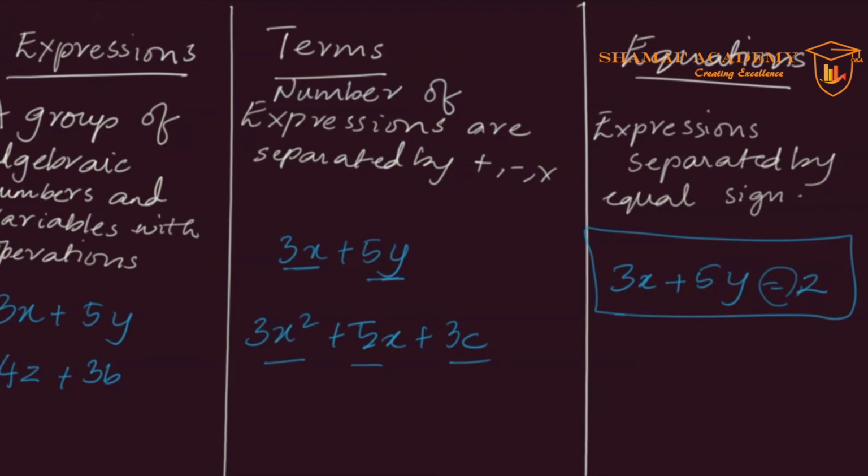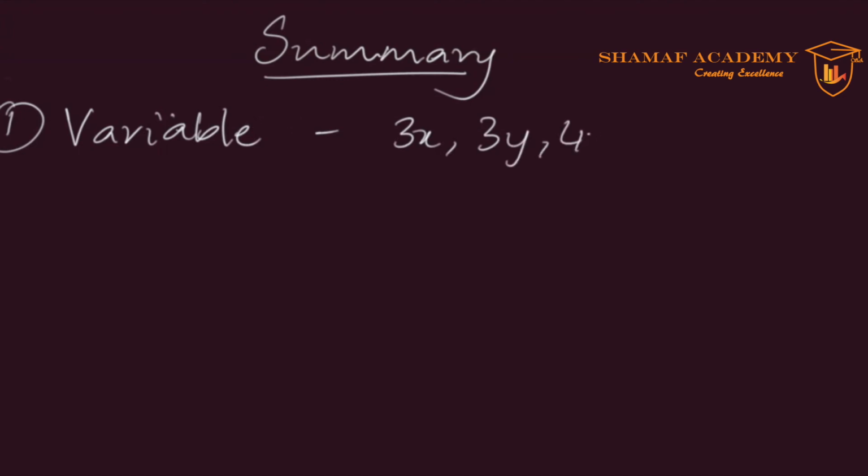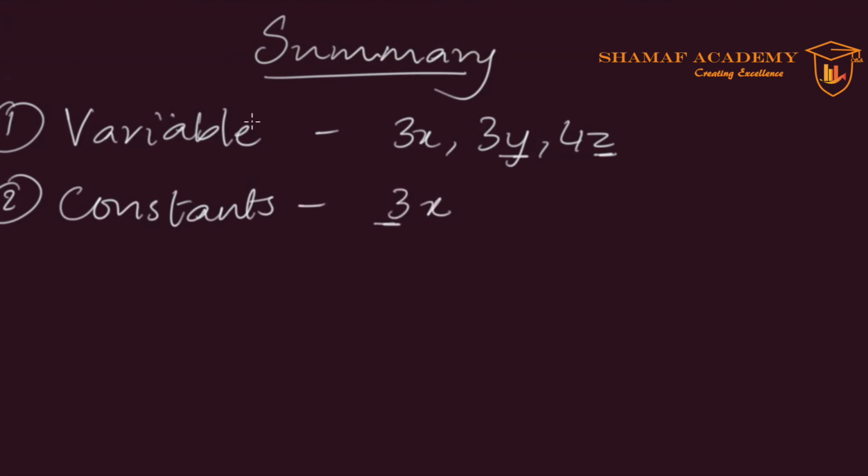Okay, so this is what we have studied so far. We have studied about the terminology that we use in algebra. So in conclusion, we have studied about variables, where we have 3x, 3y, 4z, where the alphabet is our variable. Then we have studied about constants, where the number is called constant.